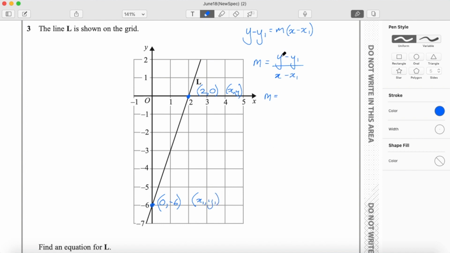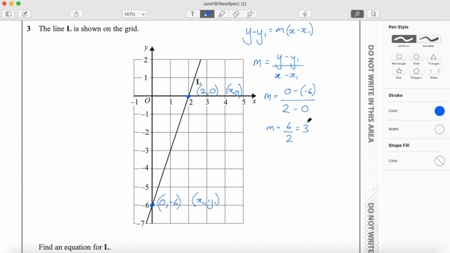So y is 0, minus y1, well y1 is minus 6, all over x is 2, x1 is 0. So m equals 0 minus minus 6, that's plus 6, over 2 take away 0 is 2. 6 divided by 2 we know is 3. So the gradient is 3.